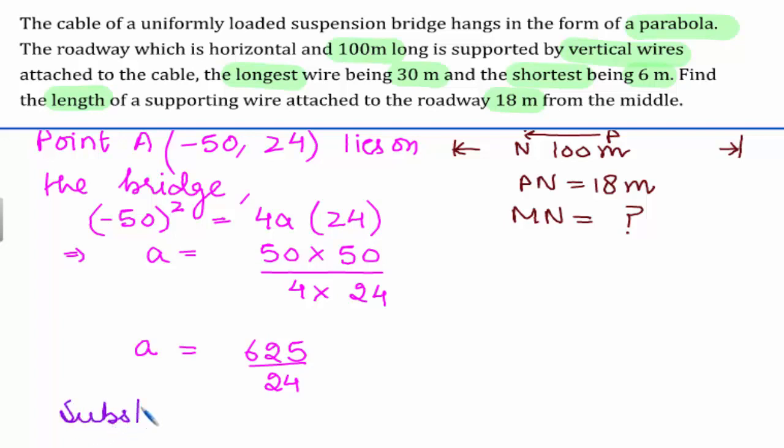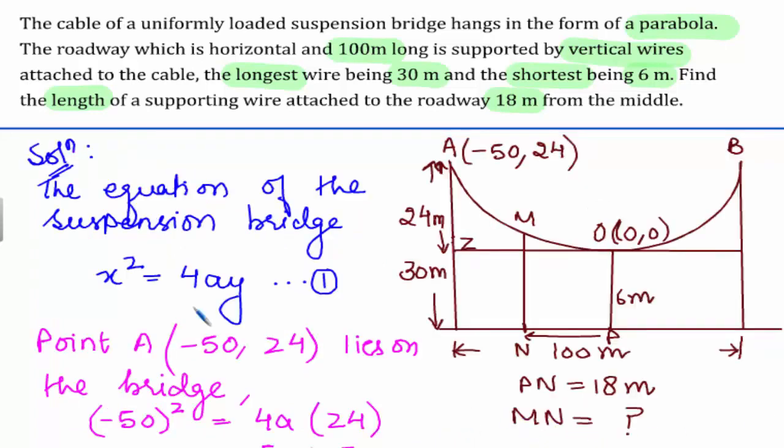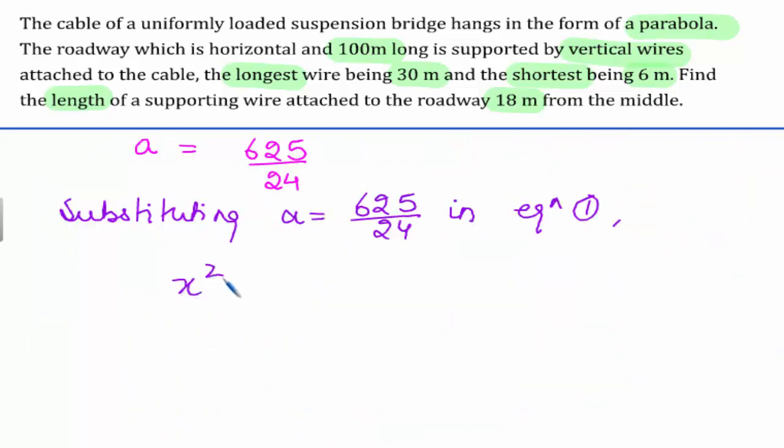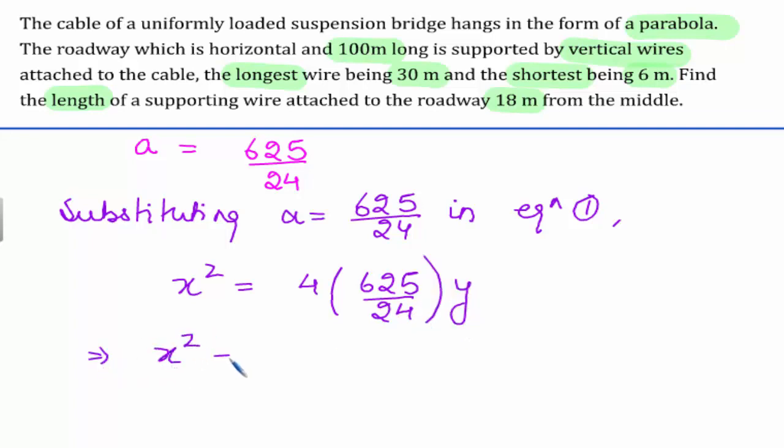Now substituting a is equal to 625 divided by 24 in equation number 1, which is x square is equal to 4ay. So we have x square is equal to 4 into 625 divided by 24 into y. So this implies x square is equal to 625 divided by 6 into y. Let us denote this equation by 2.